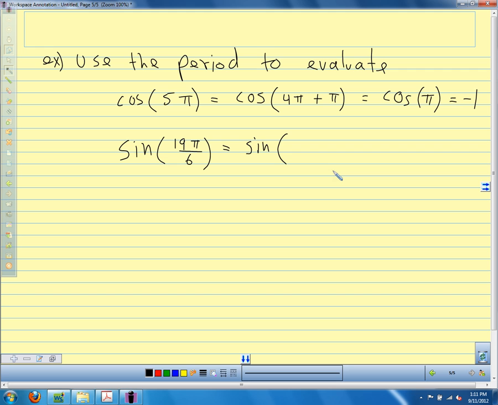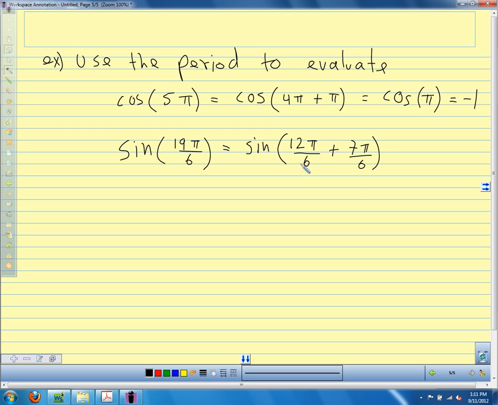18 would be 3, but we want an even multiple. 12. Because 12 divided by 6 is 2, so that would give us one time around the circle. So if I write this as 12 pi over 6, 12 pi over 6 is just 2 pi. This is 12 pi over 6 plus what? 7 pi over 6.